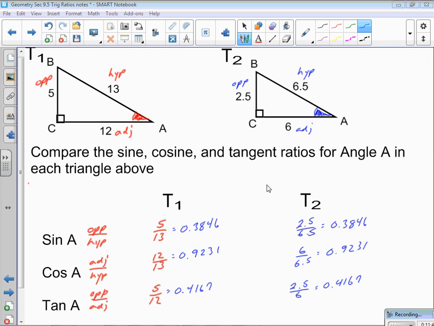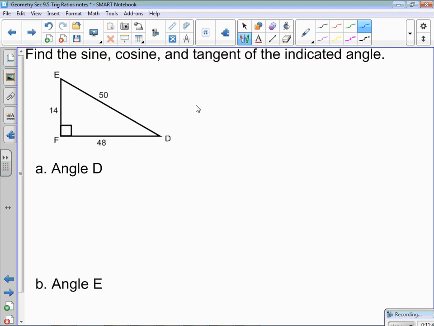All right. So next up, I'll find the sine, cosine, and tangent for the indicated angle. So we're going to look at the same triangle and two different angles inside the same triangle. So first off, we're looking at angle D. So when we look at angle D there, which side is the hypotenuse?